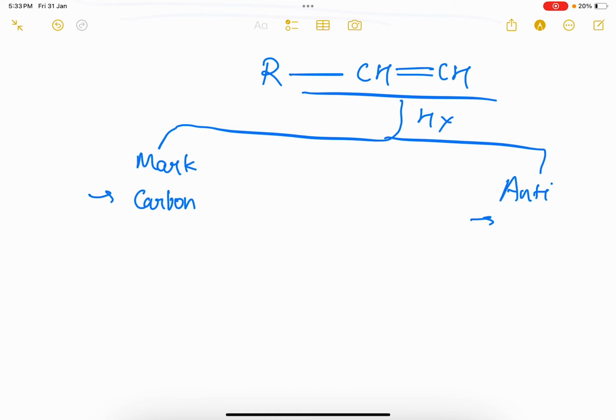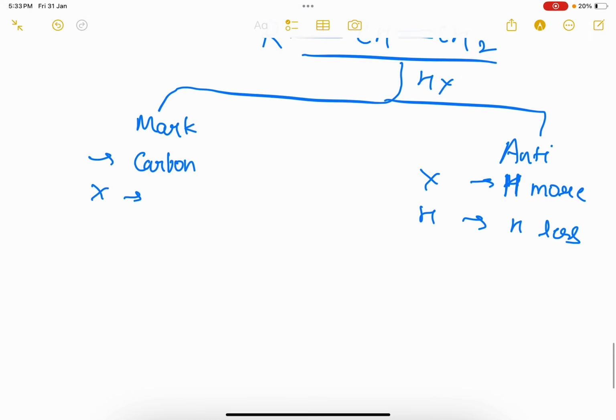According to anti-Markovnikov, the halogen goes to that carbon which contains more hydrogen, and hydrogen goes to that carbon which contains less hydrogen. But according to Markovnikov, halogen goes to that carbon which contains less hydrogen, and hydrogen goes to that carbon which contains more hydrogen.